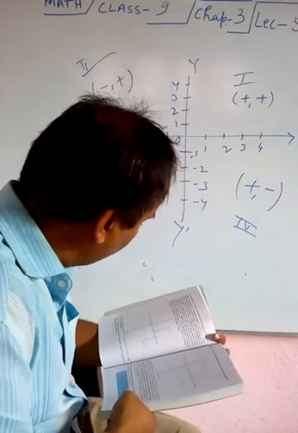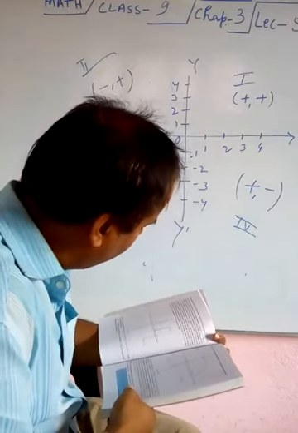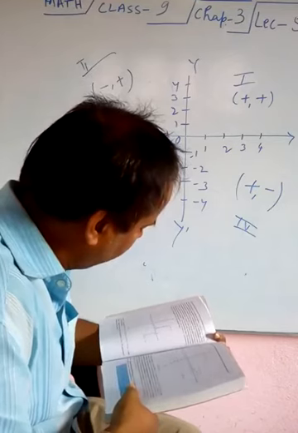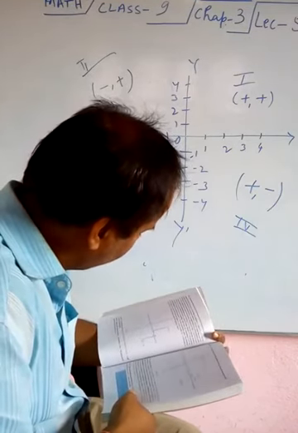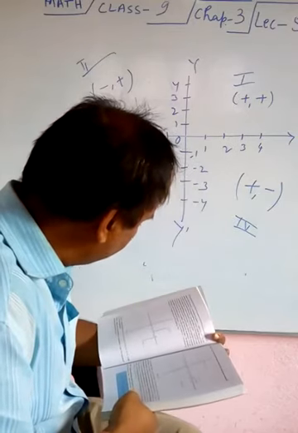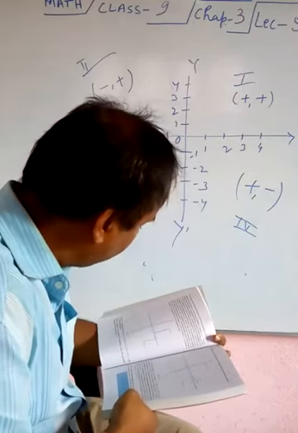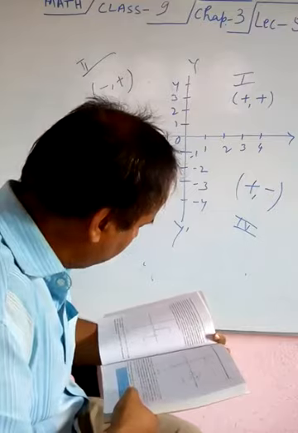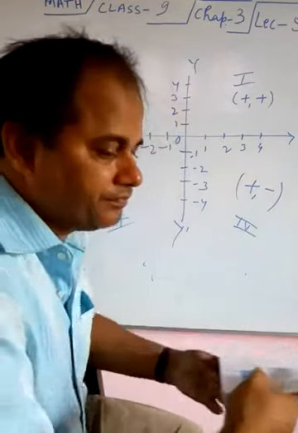The distance of Q from the x-axis is 4 units along the negative y-axis, so the y-coordinate is minus 4. See figure 3.15. The point Q lies in the fourth quadrant.